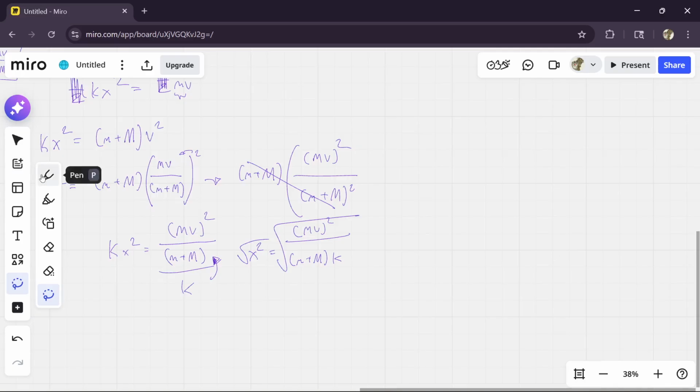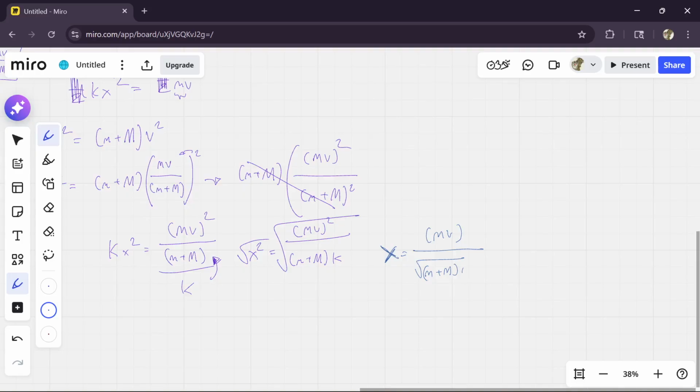So then we get our normal x is equal to mv over square root of small m plus big M. The reason it's not squared at the top anymore is because the square root cancels out with that square on the top, so the square root only goes to the bottom. And that is our final answer.